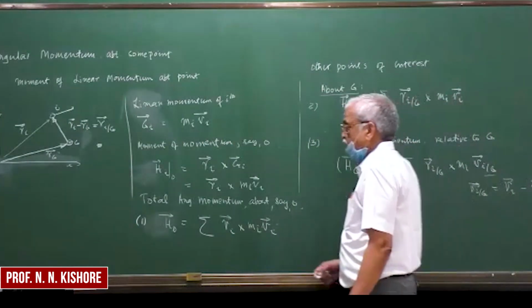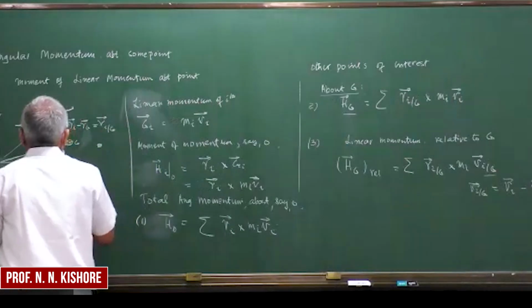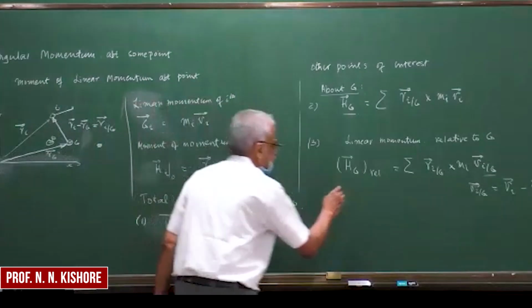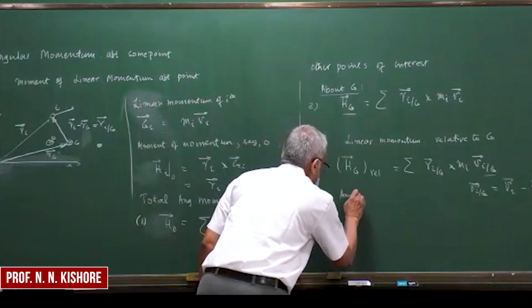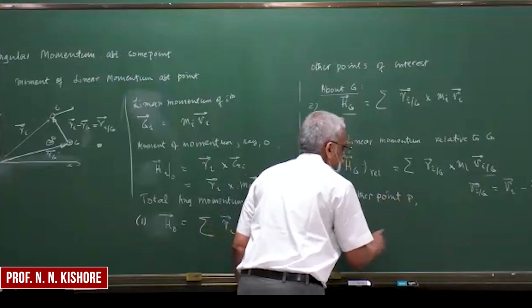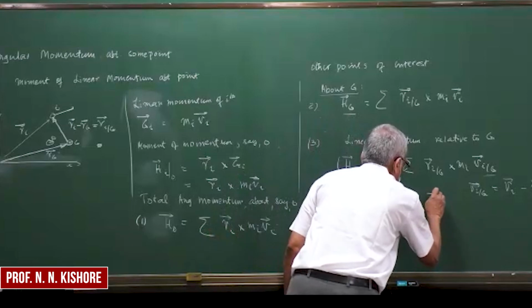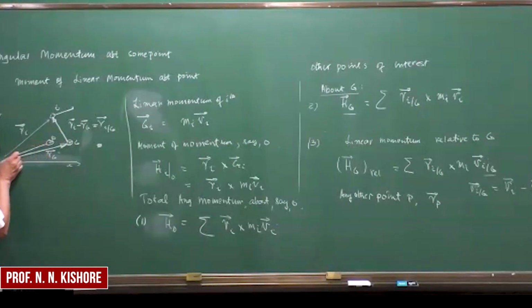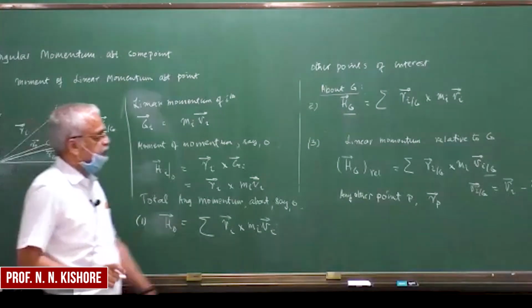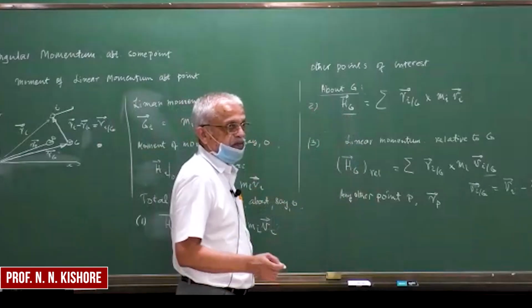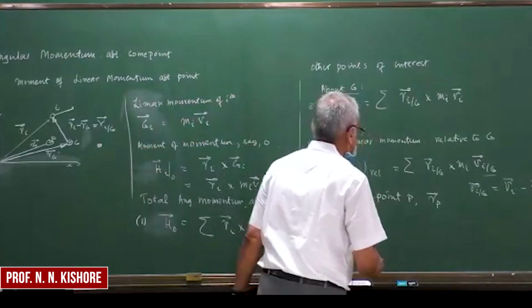There are a few other definitions also. For example, you can take any other point, say P here, which is represented by r_P with respect to the origin. The definition with respect to P exactly follows that of G, except that it is an arbitrary point.